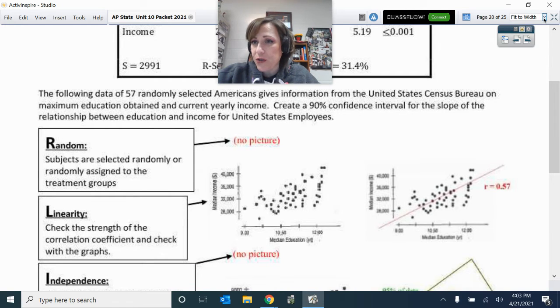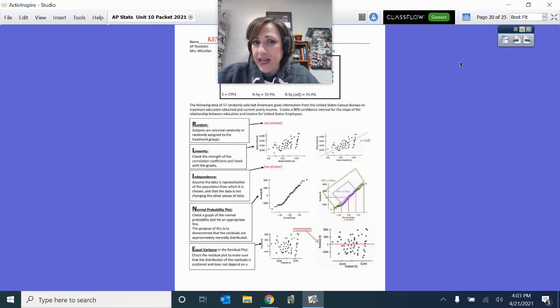So we're going to use the mnemonic device R-L-I-N-E. Now, some people call it L-I-N-E-R, but I think we've been putting randomness first, so I would just say R-line. Okay, let's do our R-line.